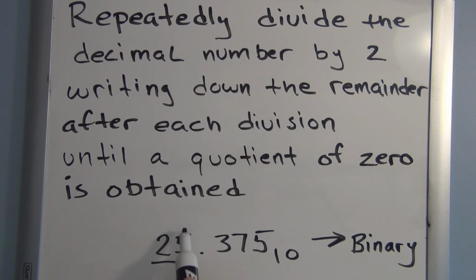So for the integer portion, or the whole number portion of the decimal number we want to convert, we'll repeatedly divide this portion here by 2, writing down the remainder after each division until a quotient of 0 is obtained, and then we'll tackle the fractional portion of the decimal number. So let's first convert 25 into binary.